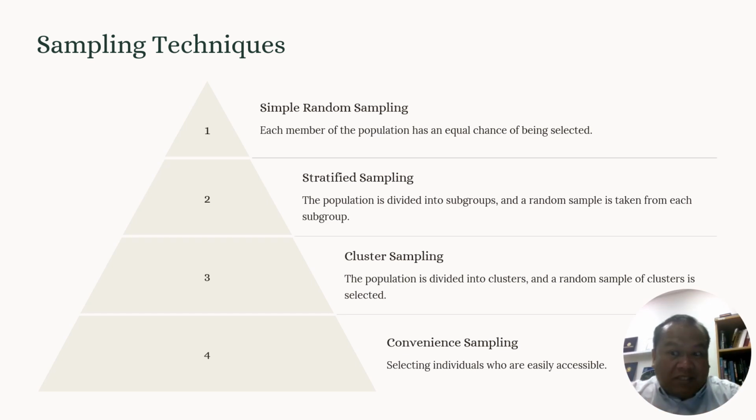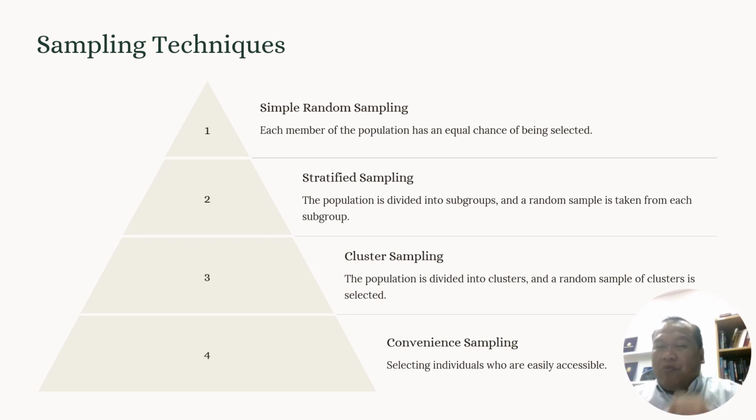This is not descriptive statistics anymore. This is now inferential statistics. Again, in inferential statistics, you don't interview or include in your survey all the people in the population. You only take a small group of people that can represent the population, and they are called the sample. And to choose this sample, there are different techniques.